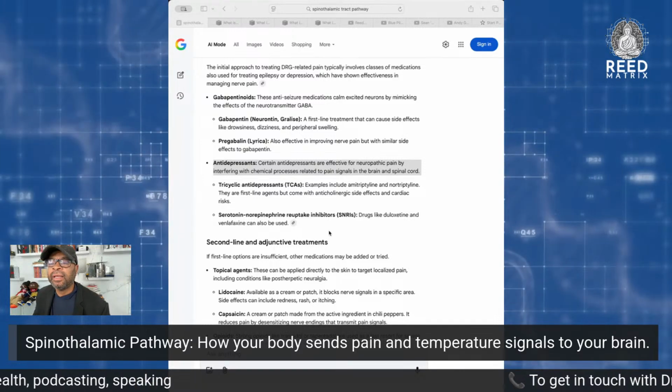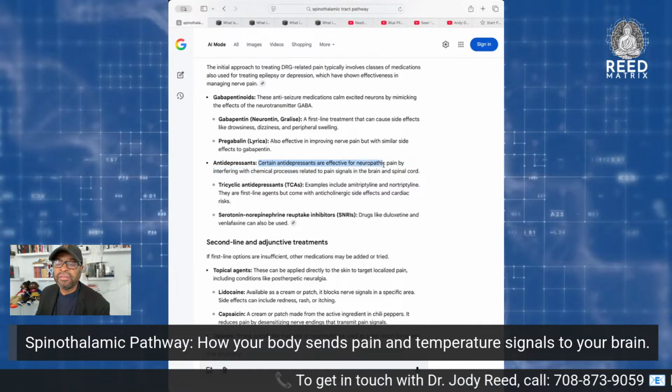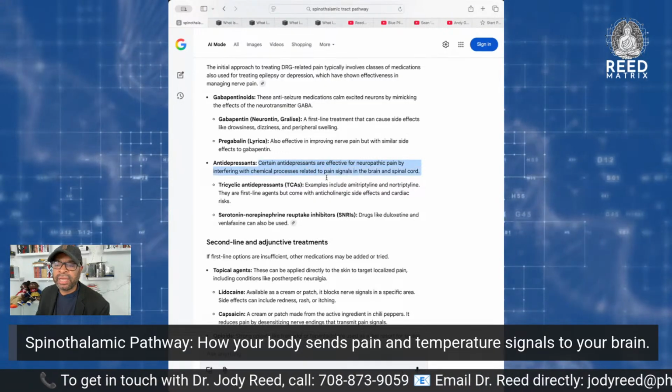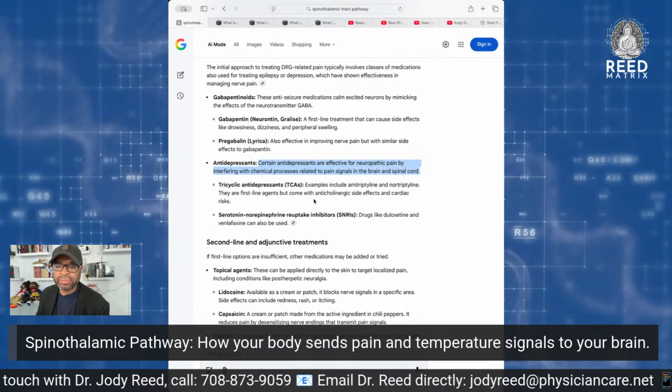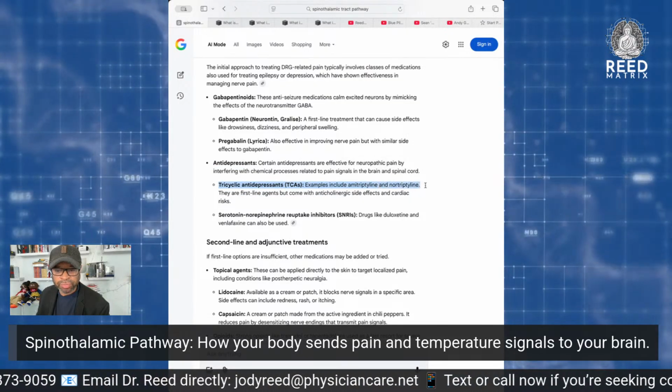Tricyclic antidepressants. Examples include amitriptyline or nortriptyline.